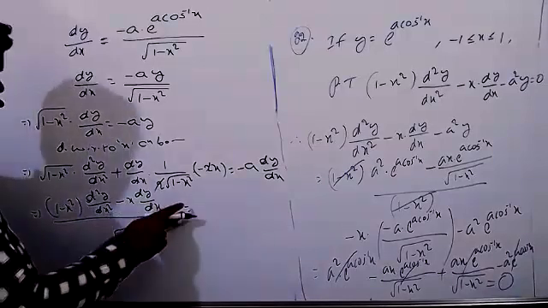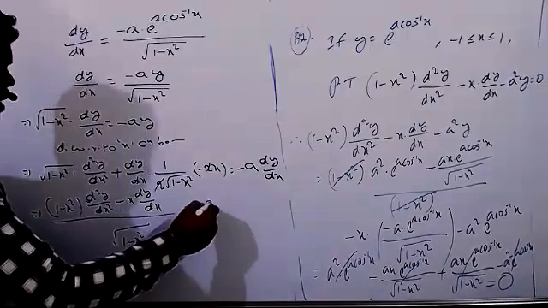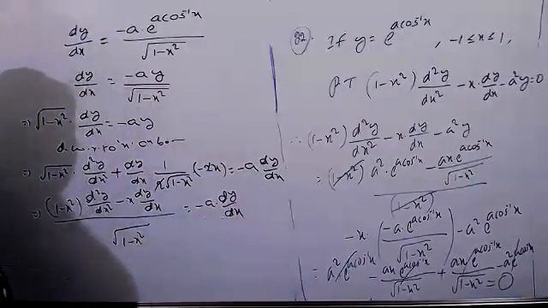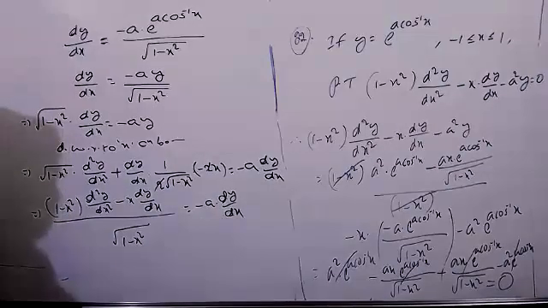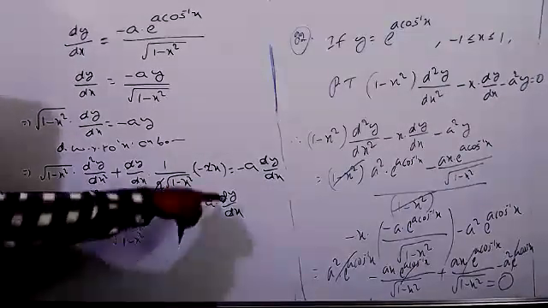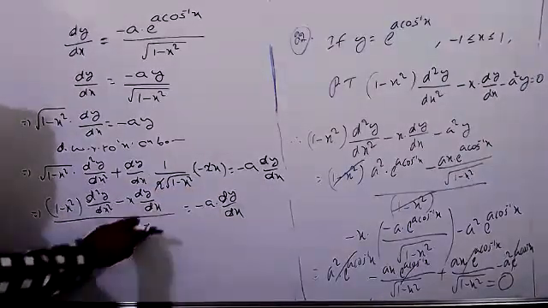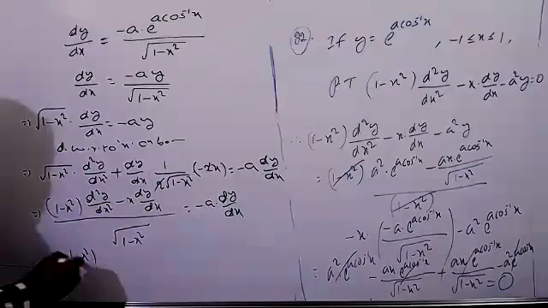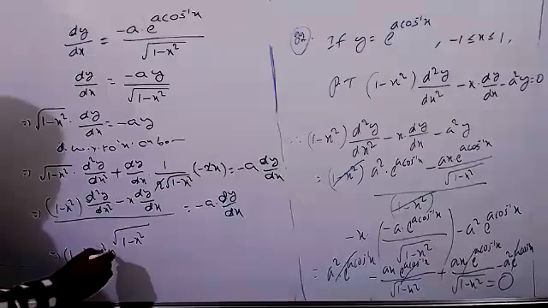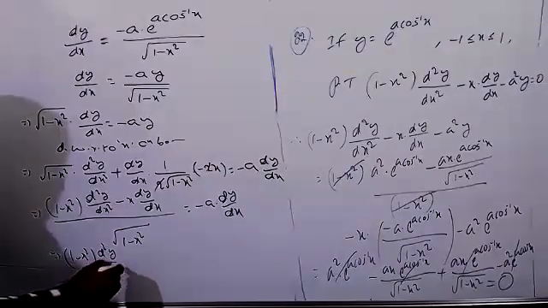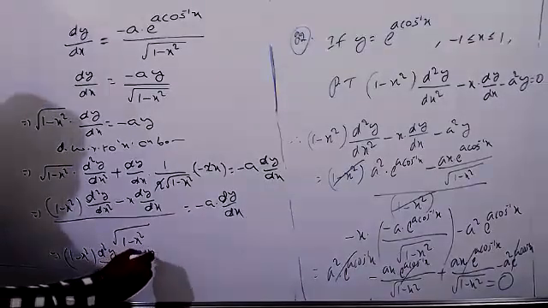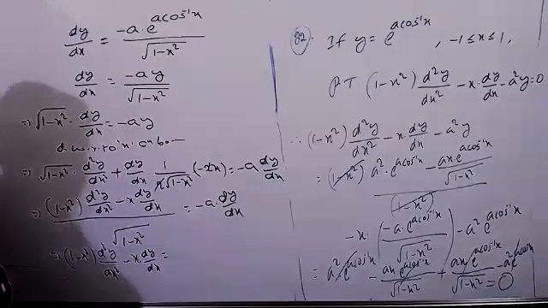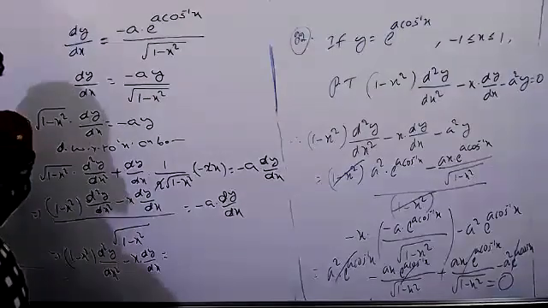Equal to minus a into dy by dx. This is the right side. So 1 minus x square into d square y by dx square minus x into dy by dx equals... what about this value now?